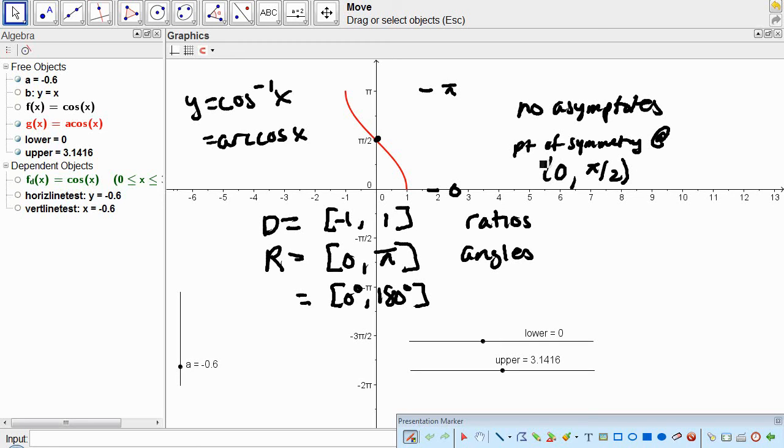The key is it's not symmetric with the y-axis, so therefore this graph is not an even function. And it's not symmetric at the origin, so it's not odd. So I guess it falls in one of those categories of neither. But this is how you restrict a cosine function to produce a cosine inverse.